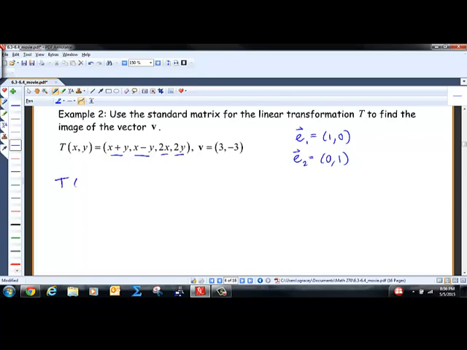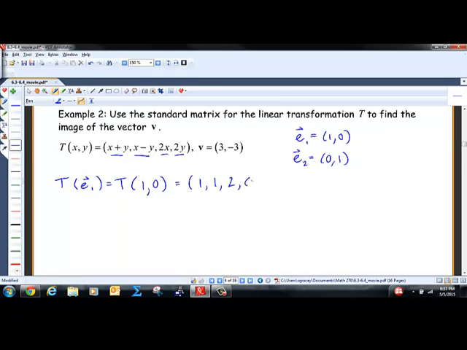So T evaluated at E1 is equal to the linear transformation with the standard basis, T at 1, 0, which is going to be 1 plus 0 is 1. 1 minus 0 is 1. 2 times 1 is 2.